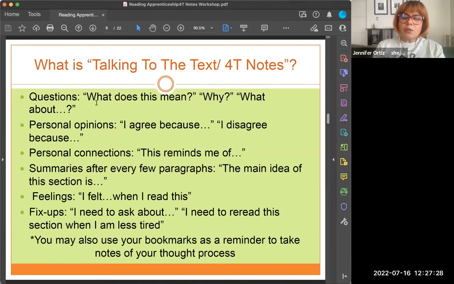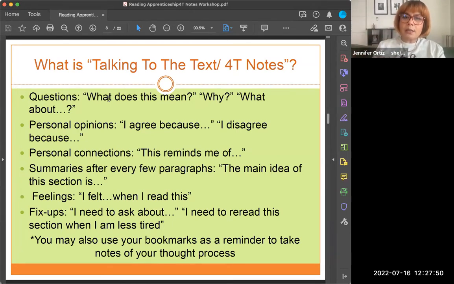The first type of note is questions. As you're reading, if you have any questions, or there are questions you are considering, I want you to document that. If you develop any personal opinions, I agree with this or I disagree with this, take notes. What was the author saying?